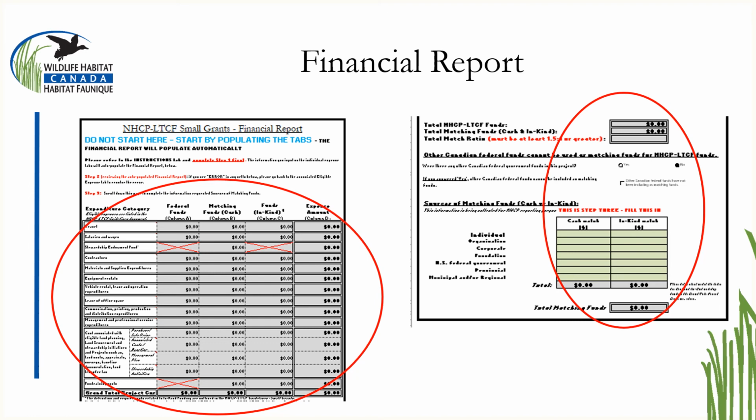Again, you must attach copies of individual invoices or receipts for both NHCP LTCF expenses and match funds that are $1,000 and over. Keep a record of all receipts in case of a random audit of NHCP LTCF project expenses.